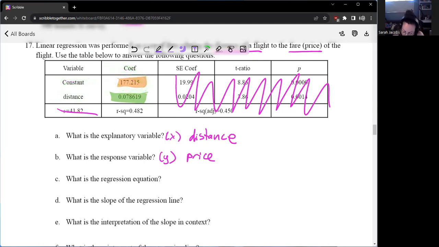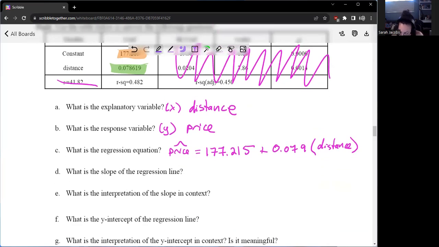So our regression equation is, I'm going to do it as the predicted price is equal to 177.215, our y-intercept, plus the slope. I'm not going to write all those digits. I'll say 79 times the distance. If you used y hat and x for price and distance, that's fine. Just make sure you define them.